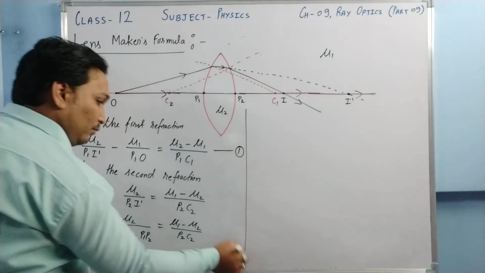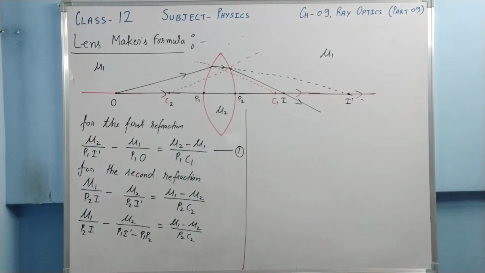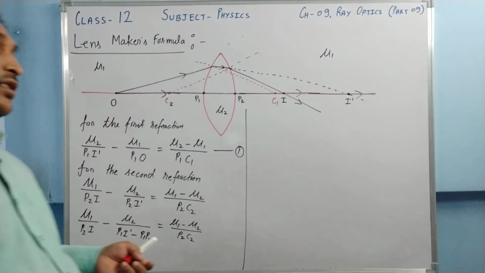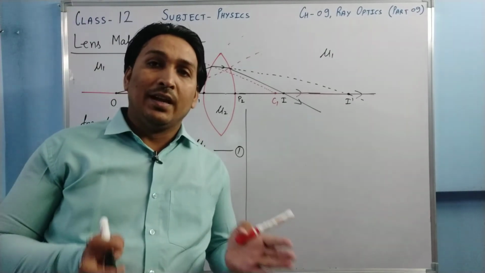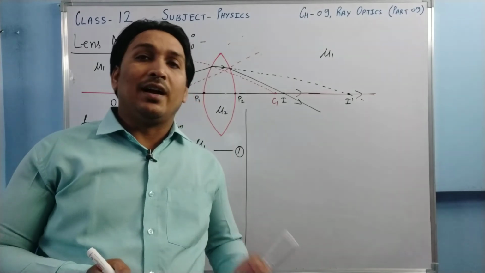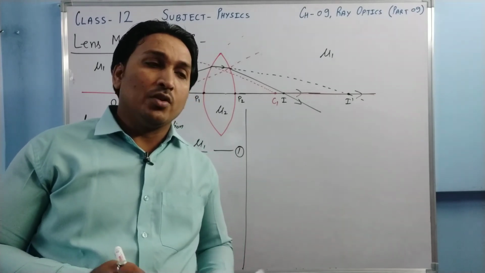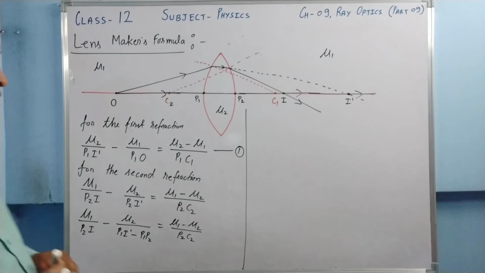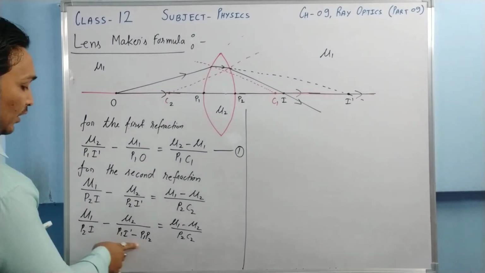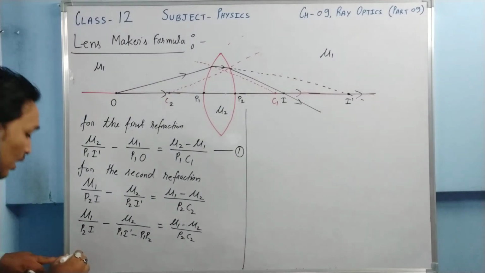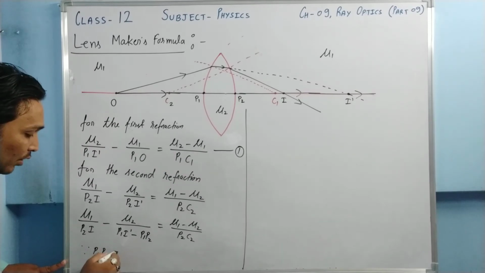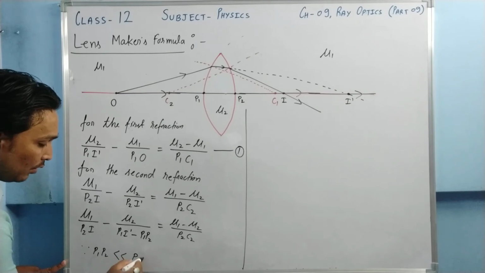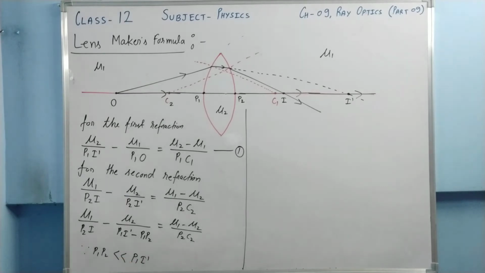Now just see, lens maker's formula is given for thin lenses. In the very beginning of this chapter, I have told you that all the apertures and the thickness of the lens and mirrors are neglected, because they are very small in comparison to the other distances. So basically this P1P2 is very small in comparison to P1I dash. So we'll write that since P1P2, which is thickness actually, is very small compared to P1I dash, it will be neglected.